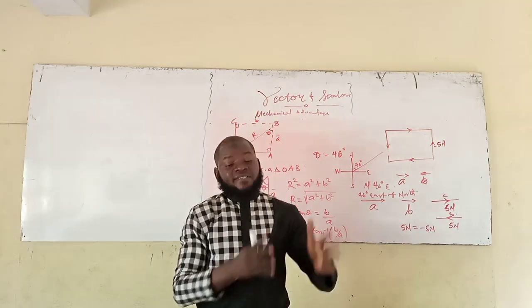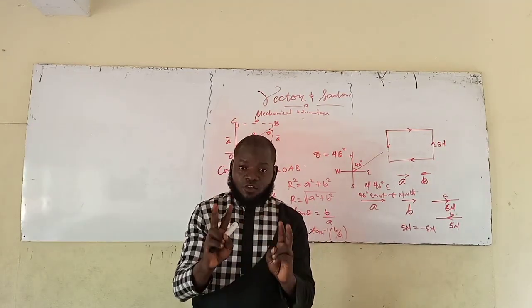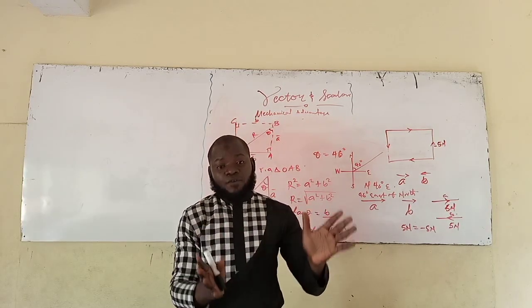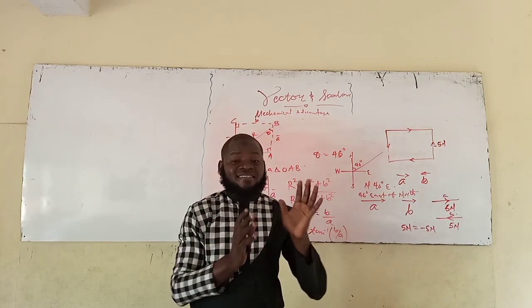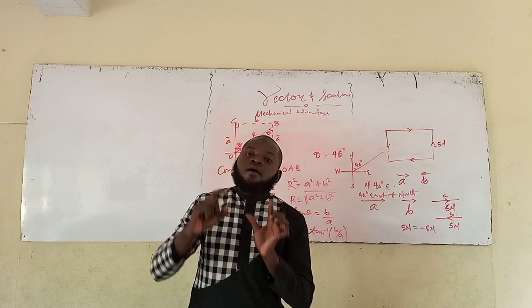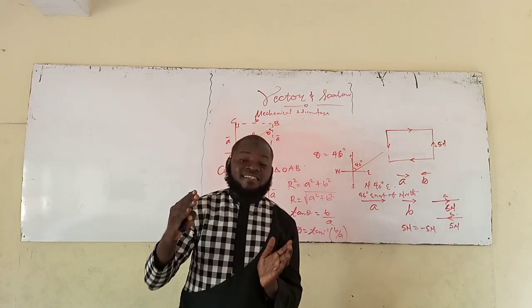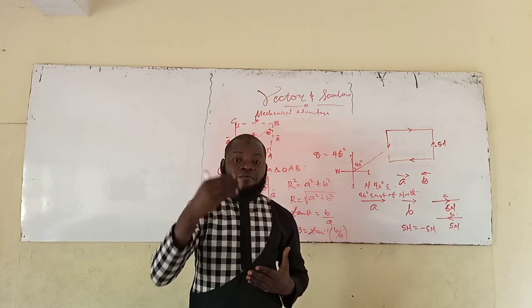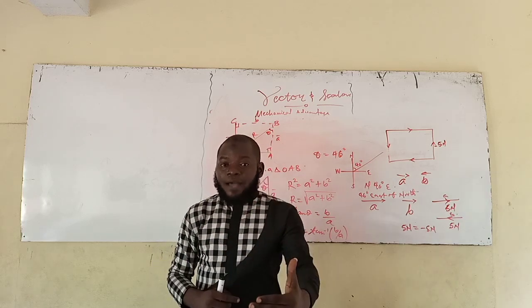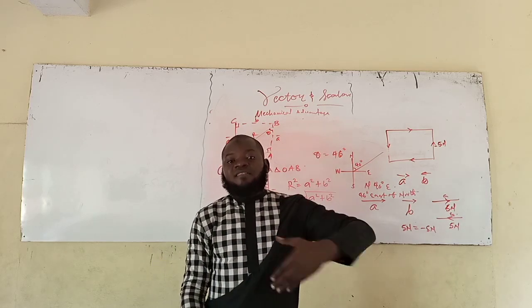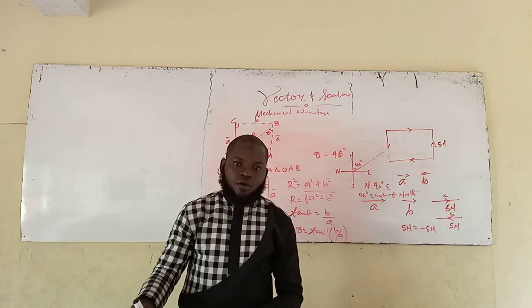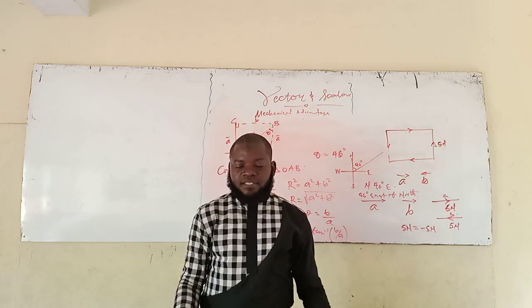Parallelogram law of vector states that given two vectors that are moving simultaneously at a certain angle, they can both be represented in magnitude and direction by the adjacent sides of the parallelogram, and their resultant can be determined or represented with the diagonal line of the parallelogram drawn from a point.